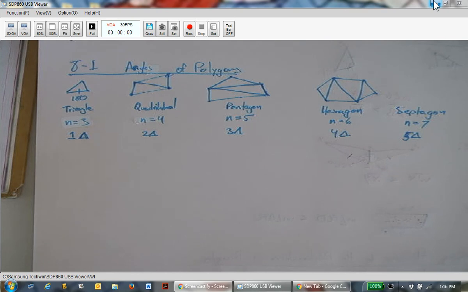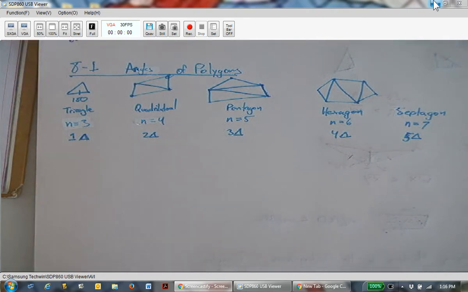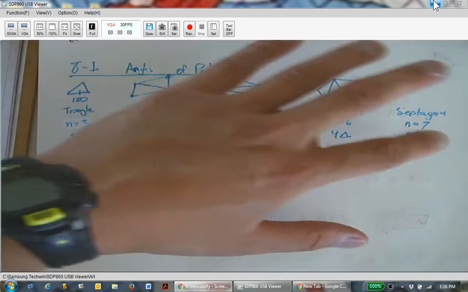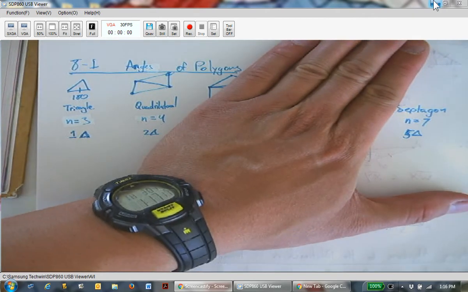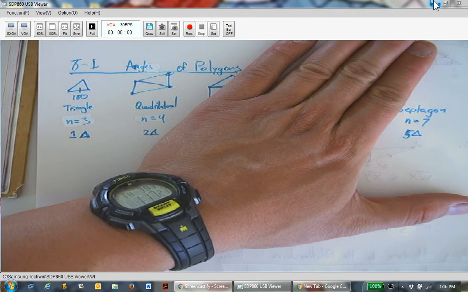Yeah, Shamaria. I haven't heard from Shamaria. Well, the number of sides, it kind of goes in order. So it's like 3, 4, 5, 6, 7. And then it does the same thing with the number of triangles. Cool. And then let's think about n is equal to 7. This shape has 7 sides and 5 triangles.